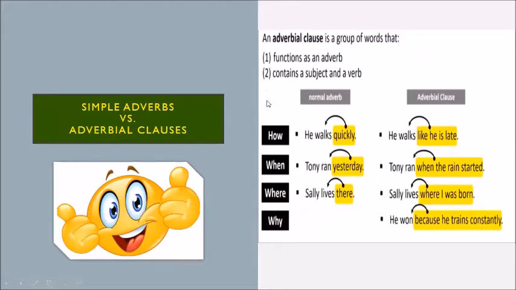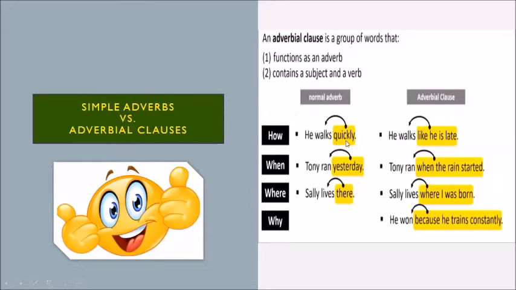As we said before, we have simple adverbs and we are going to identify the adverbial clauses. But try to remember what an adverb is. An adverb is a word that modifies a verb, another adverb, or an adjective.